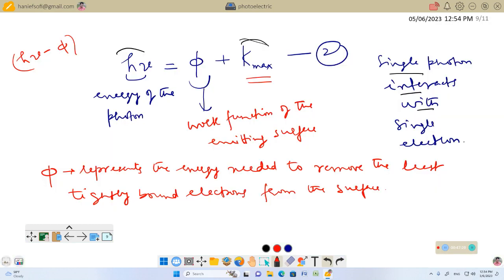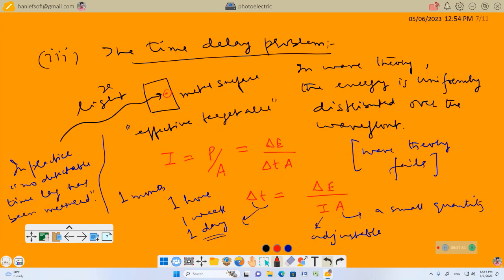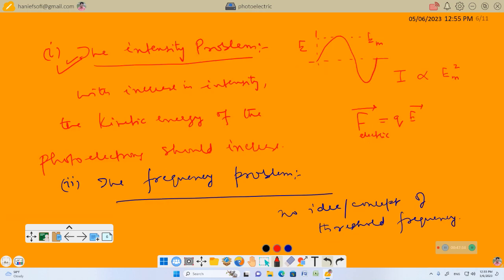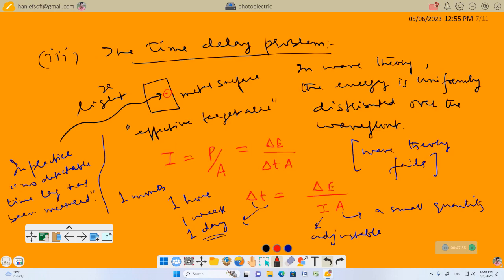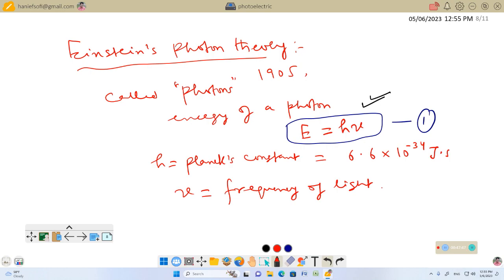Let me summarize the lecture. First, we discussed the issues, the intensity problem, frequency problem, and time delay problem, which arise when we try to explain the photoelectric effect using wave theory. Then Einstein came in 1905 and the issue was resolved by his idea that in this particular situation, light behaves like a stream of particles, localized energy bundles, which are photons.